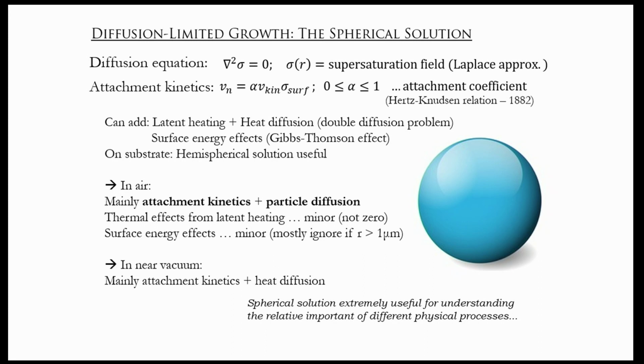There is a gradient in sigma, but we don't know what it is. So the boundary condition is that this velocity is equal to the diffusion, the velocity you get from the gradient of the supersaturation. So that's called mixed boundary conditions, right?